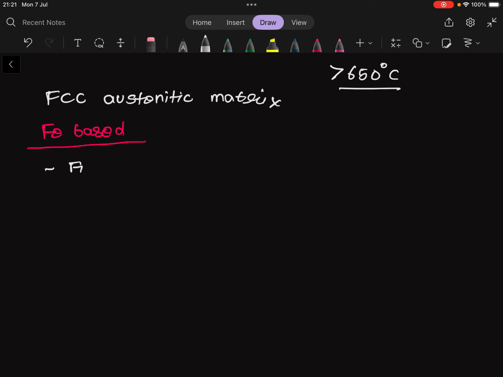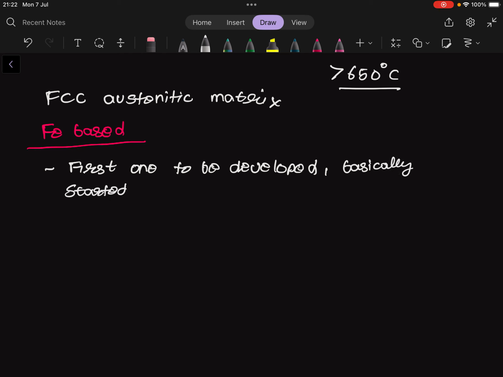They basically started from austenitic stainless steel.